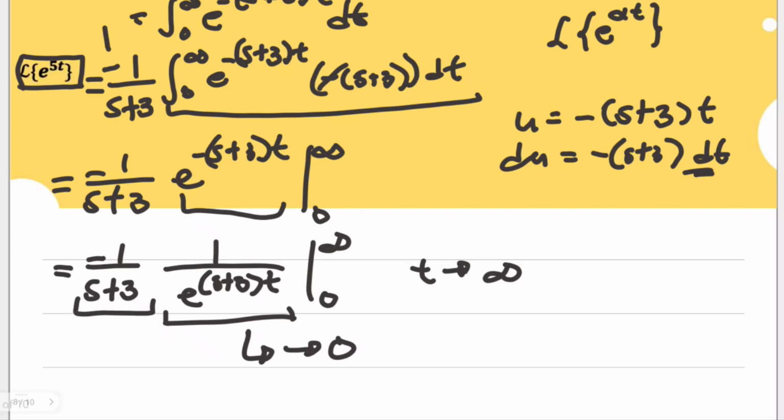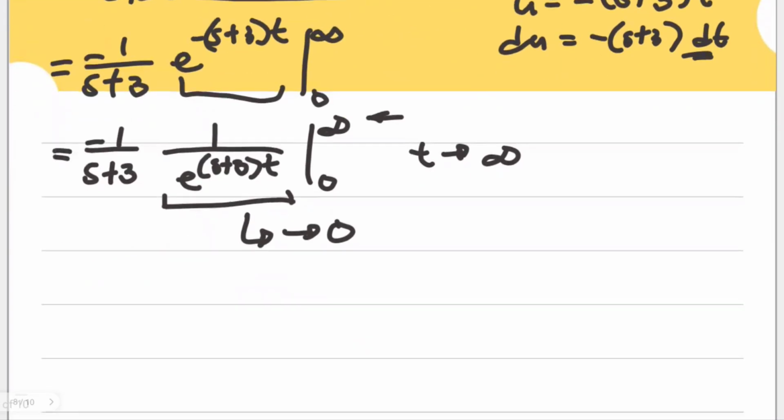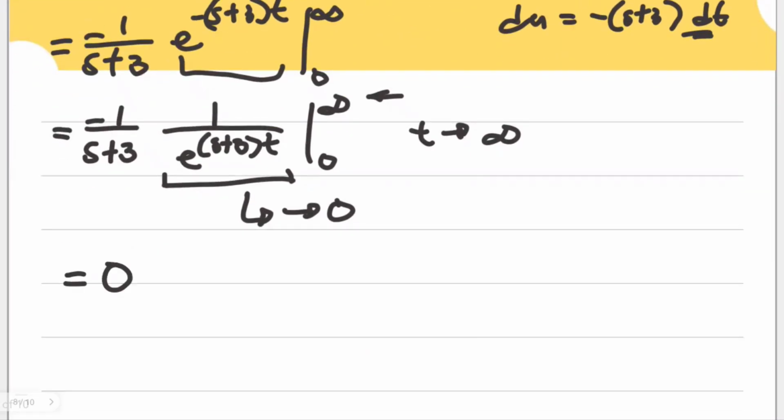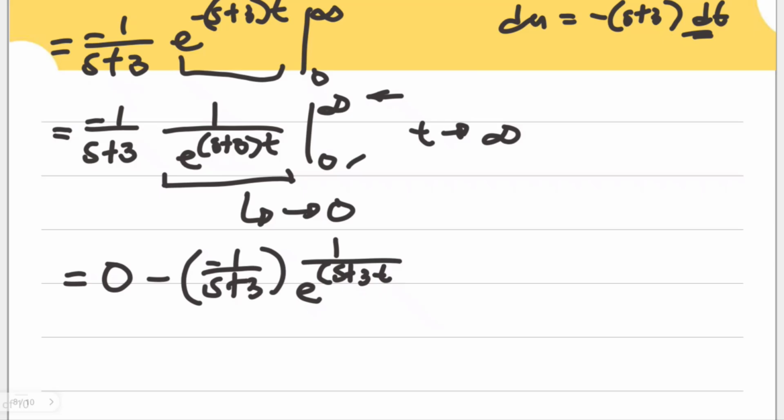No matter what the value of this, as t approaches infinity, this entire expression will be 0 on the first substitution. So you will have here 0 for the infinity. But for the 0, you will have here minus negative 1 over s plus 3, 1 over e to the power of s plus 3t.